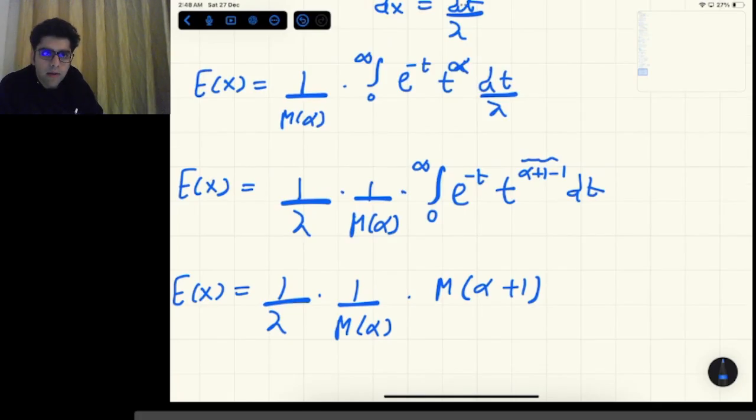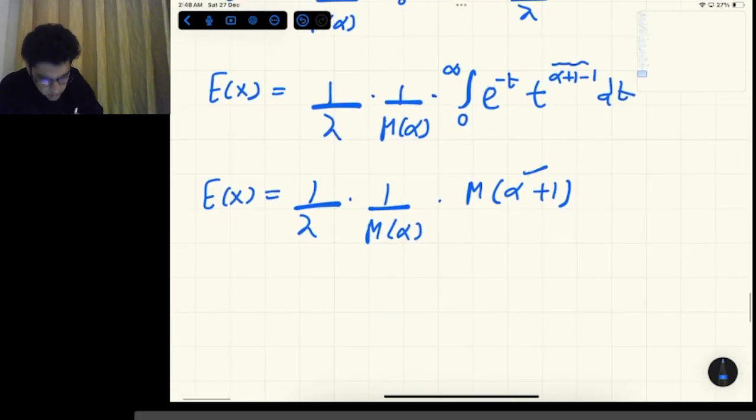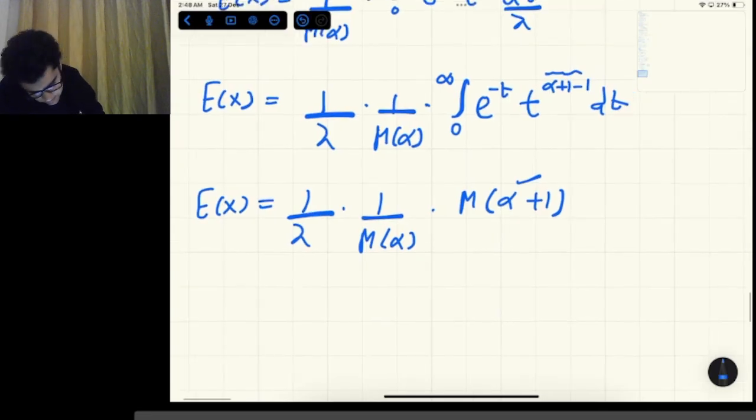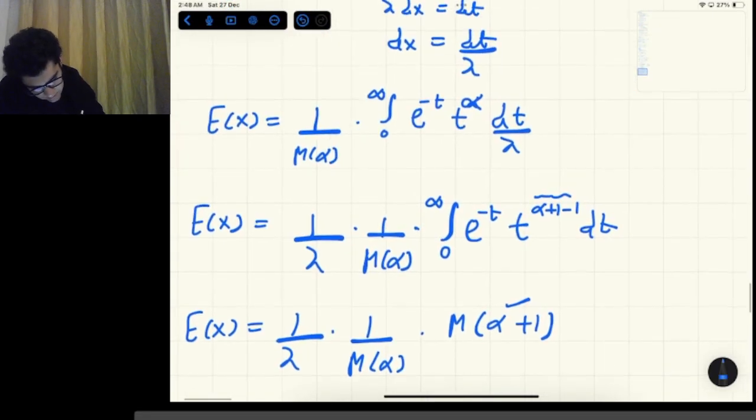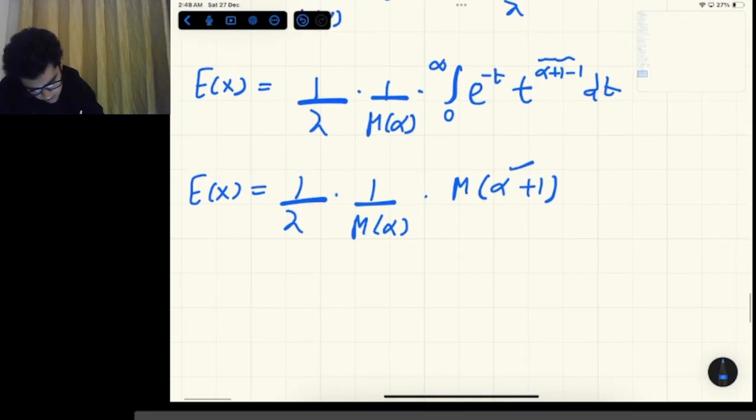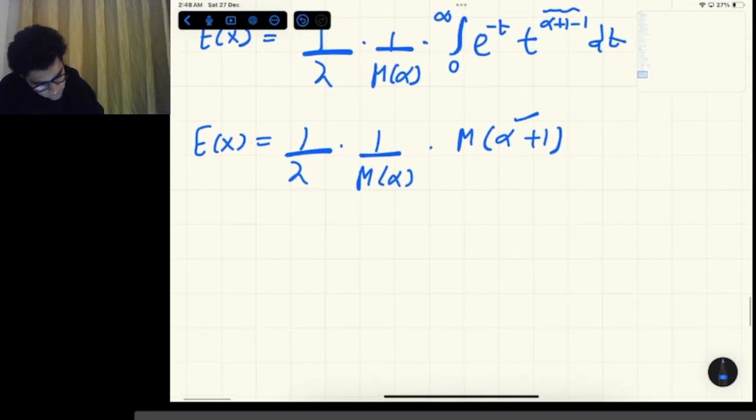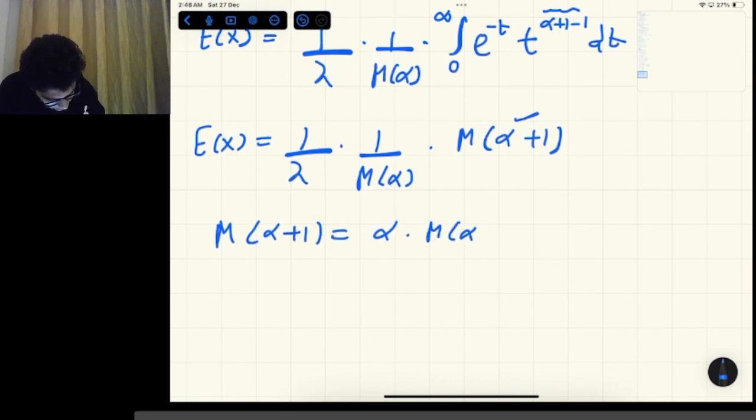So I'll be writing gamma alpha plus 1 here, e to the power minus t. Now we know that gamma alpha plus 1 is equal to alpha times gamma alpha, right?